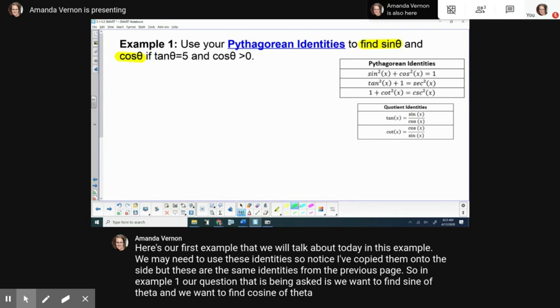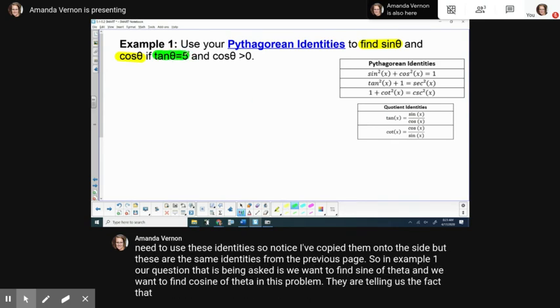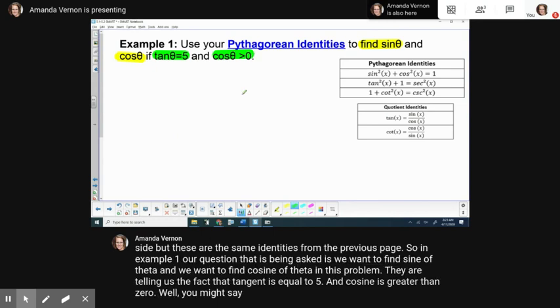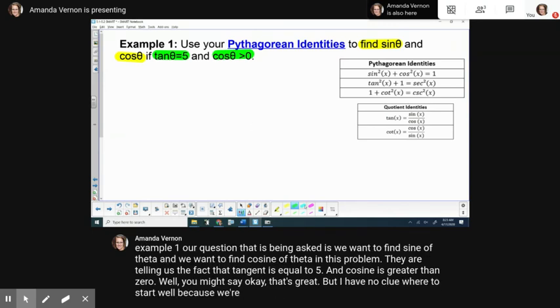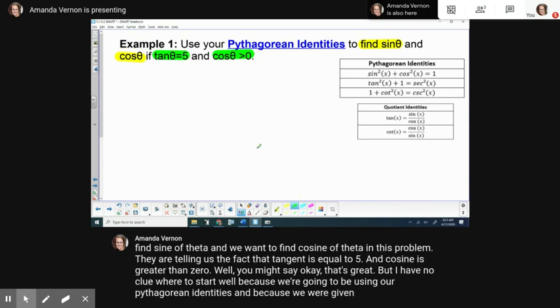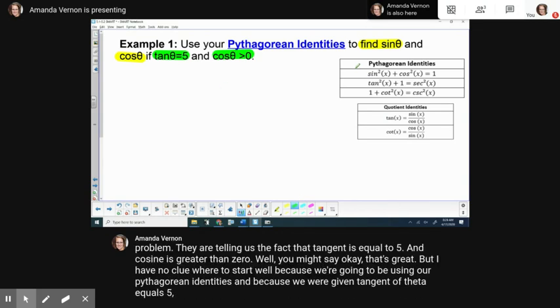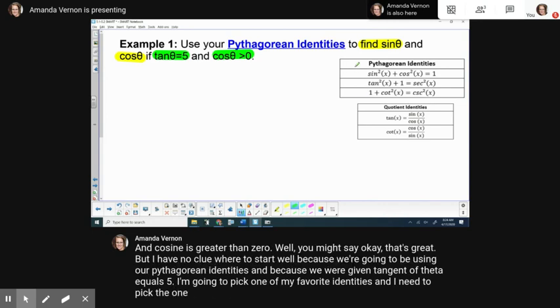In this problem, they are telling us the fact that tangent is equal to 5 and cosine is greater than 0. Well, you might say, okay, that's great, but I have no clue where to start. Well, because we're going to be using our Pythagorean identities and because we were given tangent of theta equals 5, I'm going to pick one of my Pythagorean identities and I need to pick the one that includes tangent in it.